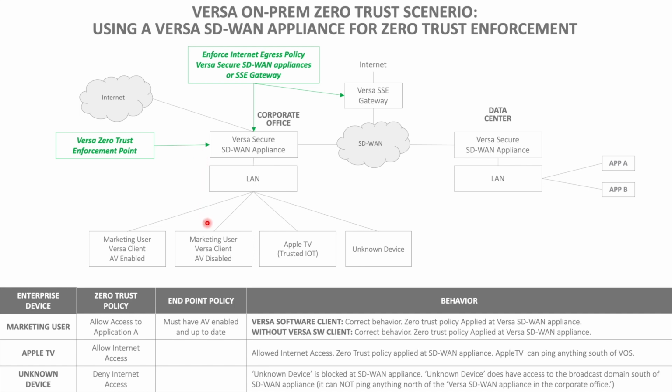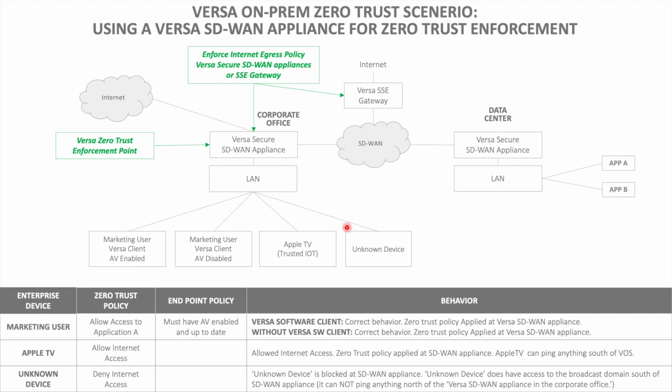The next example is a marketing user running the Versa client, but with AV disabled. So when this traffic hits the Versa Zero Trust enforcement point, the traffic will be denied because the user is not compliant with the endpoint policy. For the Apple TV devices, when they try and access the internet to get a software download, when they hit the Versa Zero Trust enforcement point, they'll be allowed to access the internet because this is a permitted policy.